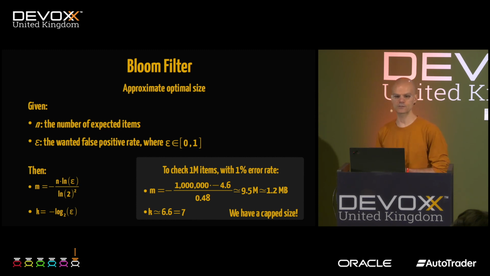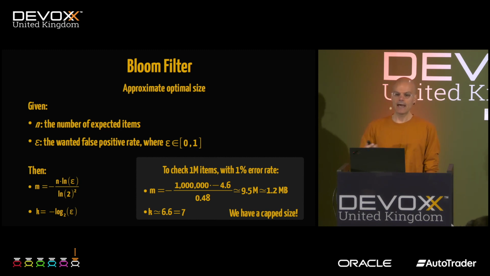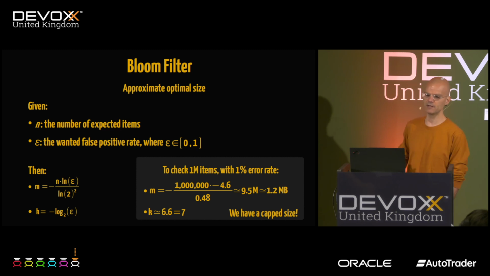So in this example, in the lighter gray box here, if we want to check 1 million items with 1% error rate, then the number of bits, the bit size, will be 9.5 million, which is 1.2 megabytes in memory size. And the number of functions k is 6.6, so it's 7.